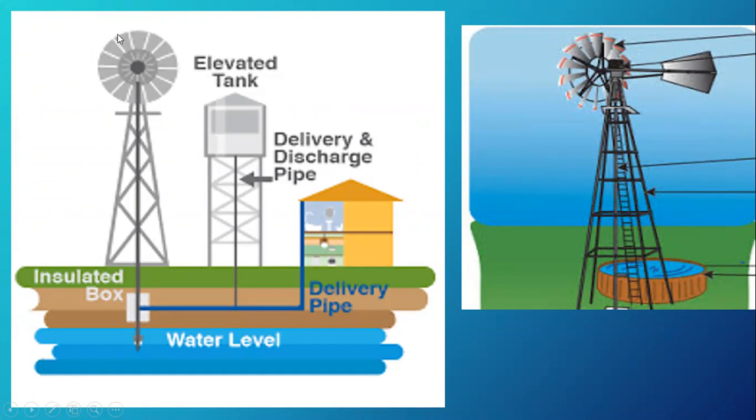When the blades move because of the wind, it will make the tube here move up and down. When the tube moves up and down, it will make the water enter inside the tube, then it will fill the whole tank. Then after the tank is filled, the water will go to our houses to supply us with water.